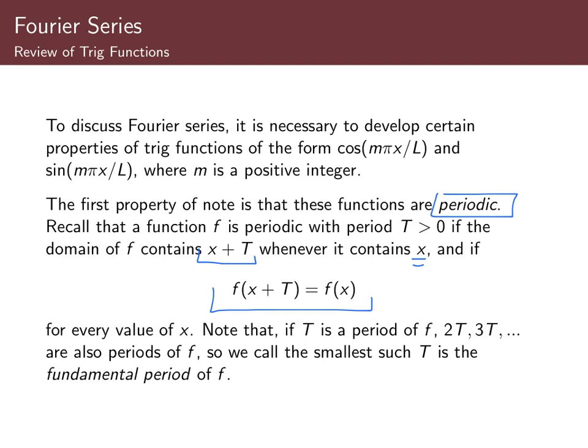So the idea of a periodic function is a function that sort of repeats itself every so often. If this is periodic, say with period 1, it's also going to be periodic with period 2, since this repeats itself every 2 terms, as does this repeating itself every 1 term.